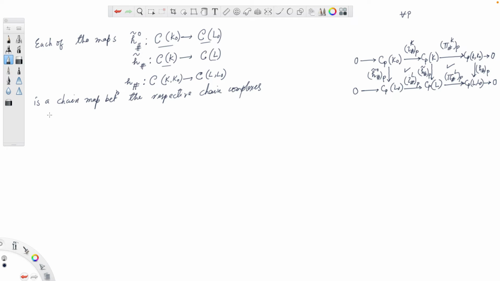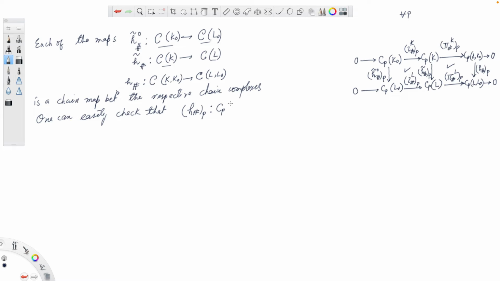One can easily check that H hash at P is a group homomorphism between the relative chain groups, not homology, relative chain groups.